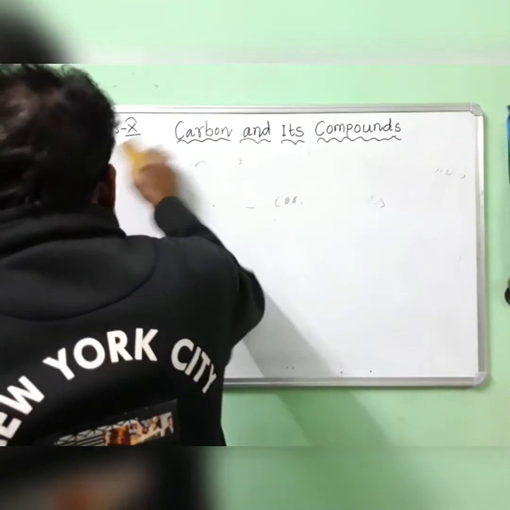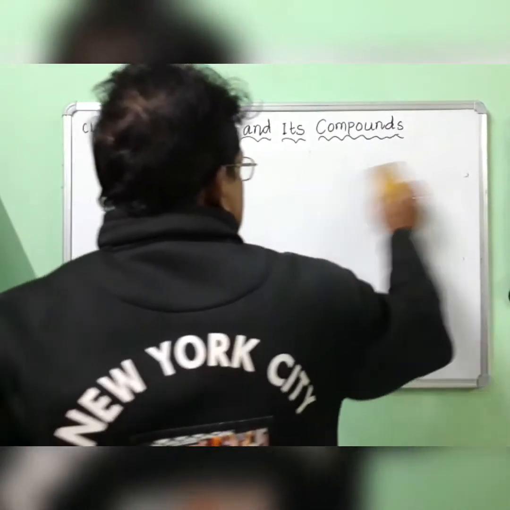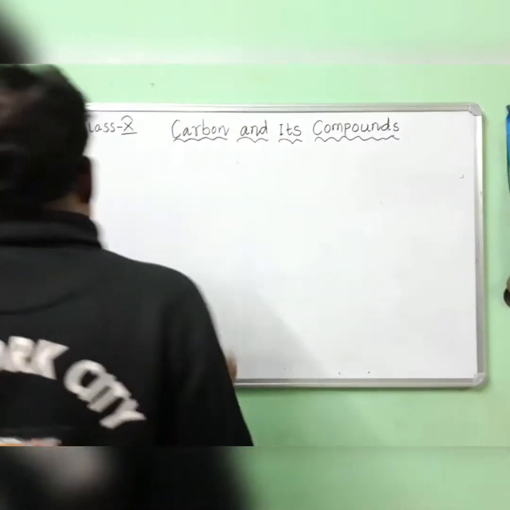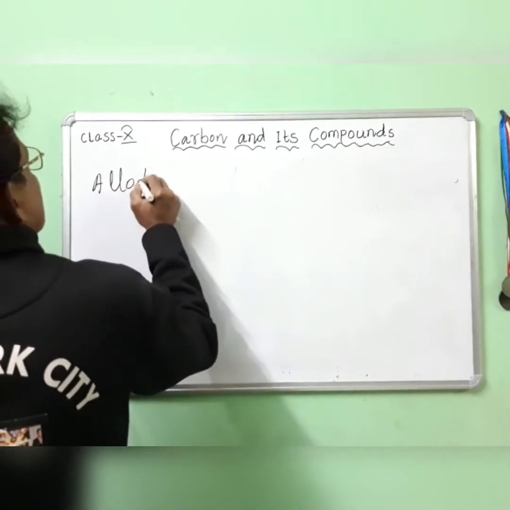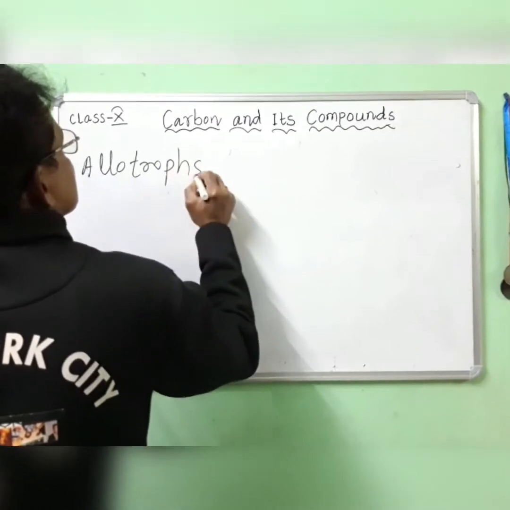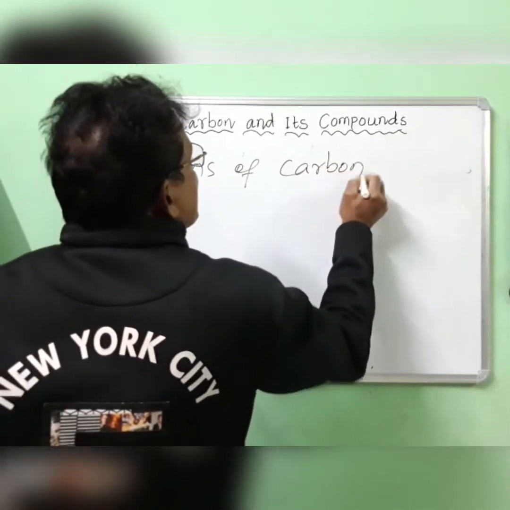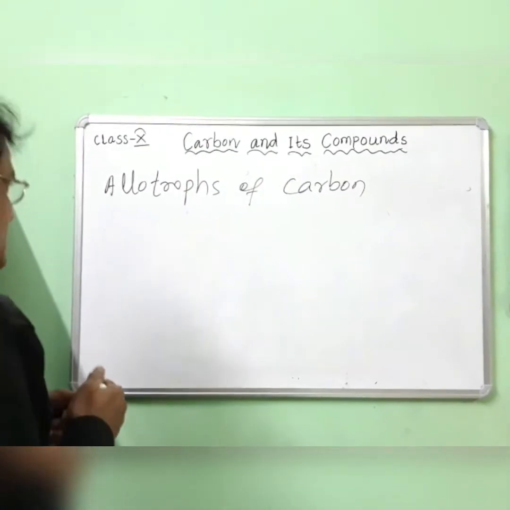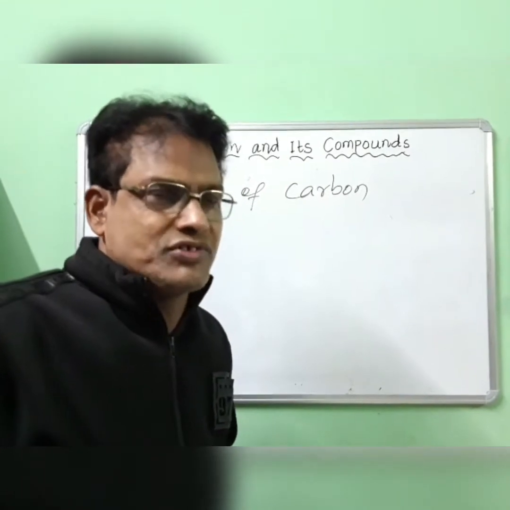Clear? Next is allotropes of carbon. Allotropes of carbon means allotropic forms of carbon.